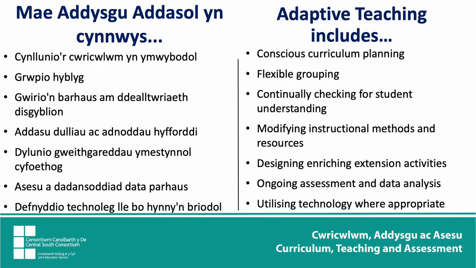So that checking for understanding within the lesson catches those children and those misconceptions and those anomalies before an extensive piece of work is done, and that misconception's either been embedded or they just worked really hard on something and they're going to be really disheartened when they get it back and it's all wrong. So that continually checking for student understanding is so key, and it's really easy to do as well.